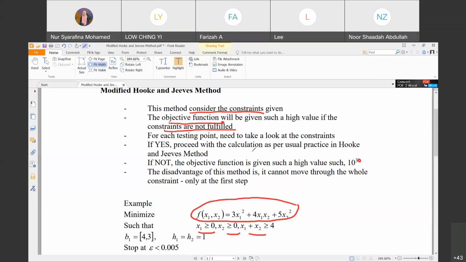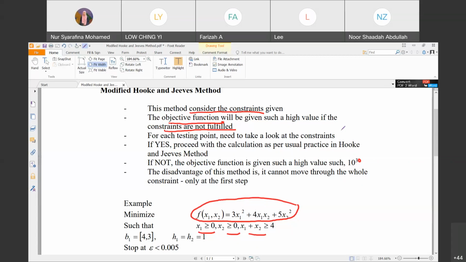Then we search again, comparing the objective function value to this high value, to decide the success or failure of the testing point. The disadvantage of this method is that it cannot move along the constraint, only at the first step.